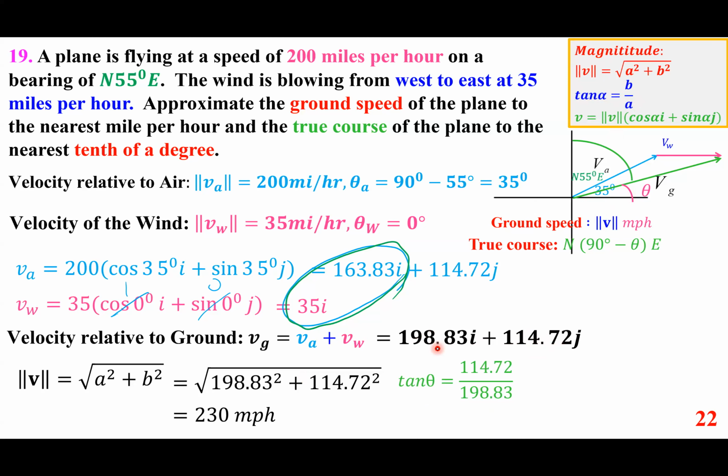And using a calculator, theta is tan inverse of this number. So we have theta, 29.98 degrees. It says tenth of a degree, so it becomes 30.0 degrees. We want 90 minus that. That gives us 60 degrees. So 230 miles per hour north, 60 degrees east.